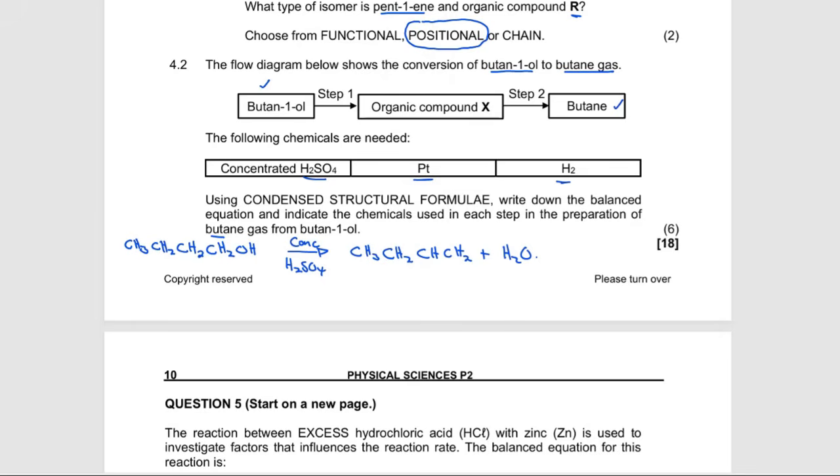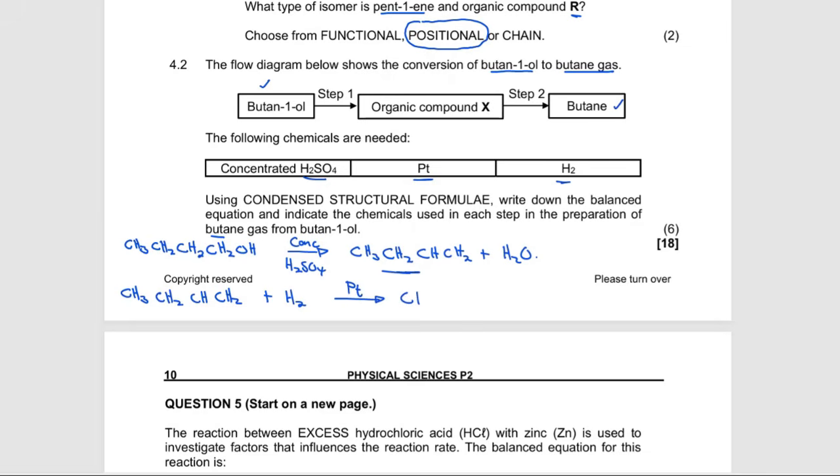Then if I proceed to the second step, I'm going to say again CH3, CH2, CH=CH2, right? So you can see now we're using this product. Then I'm going to add our hydrogen, H2, right? Then a catalyst, Pt, is going to be used.